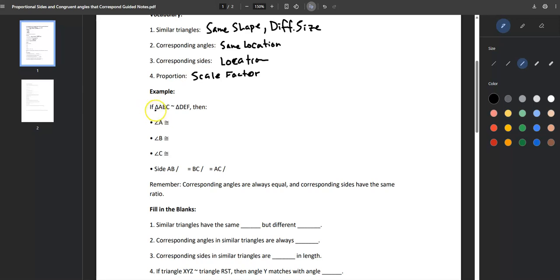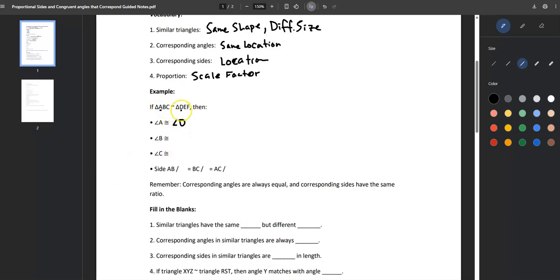If I have triangle ABC, this is a little bit of notation here, and this little tilde sign means similar, instead of having to type it all out, similar to triangle DEF. They put this in order for a reason. So if I have triangle ABC, that means angle A is congruent to angle D because it's in the same spot.